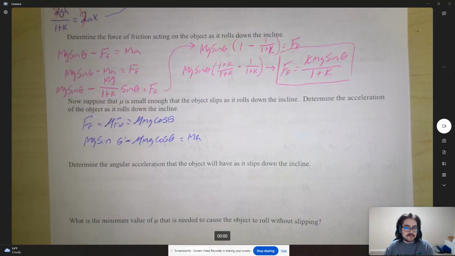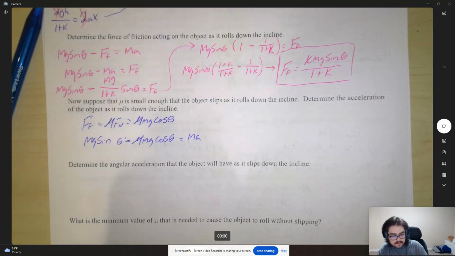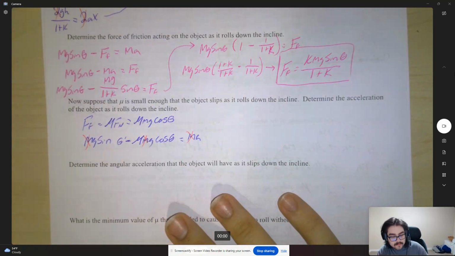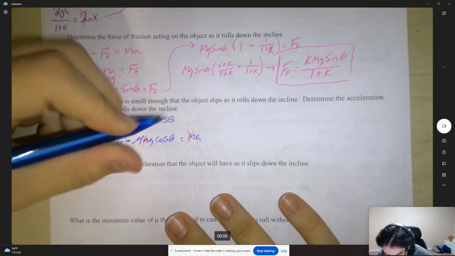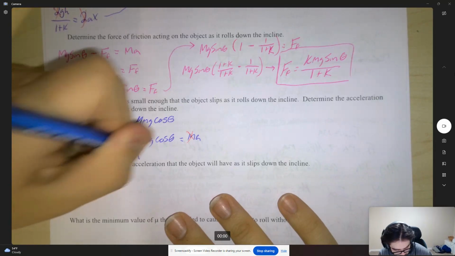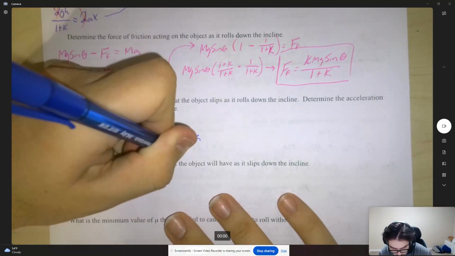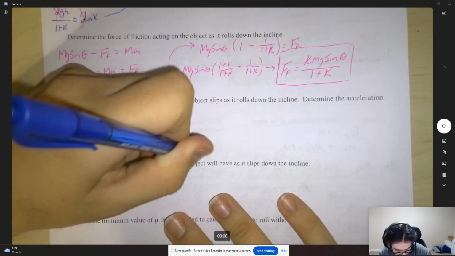Then I just figure out what the acceleration is. I've got m in everything, so I can cancel those out, and I end up getting a nice simple equation. If I simplify it, it ends up being a equals g sine theta minus mu cosine theta.